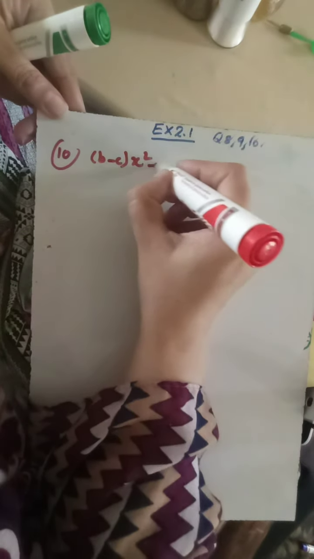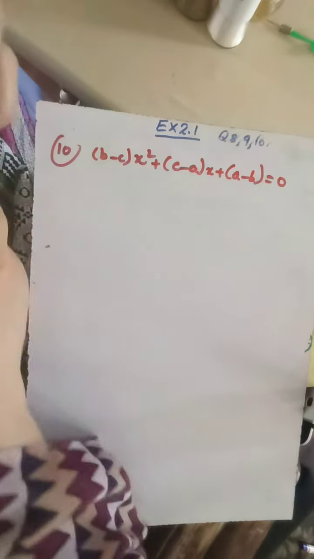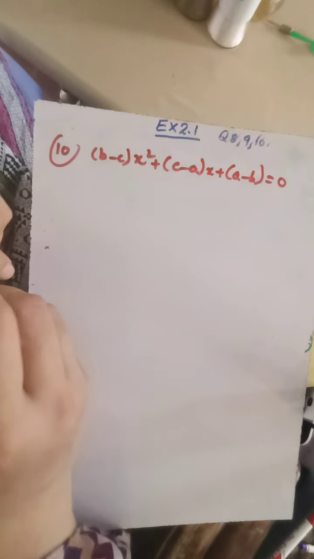The equation is b minus c x square plus c minus a x plus a minus b equals 0. We have to show that the roots of this equation are real.